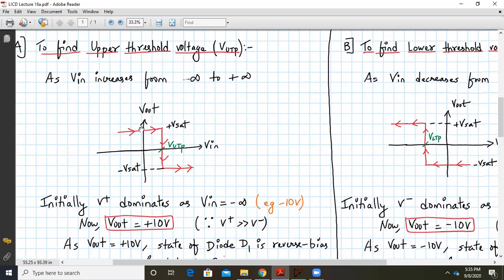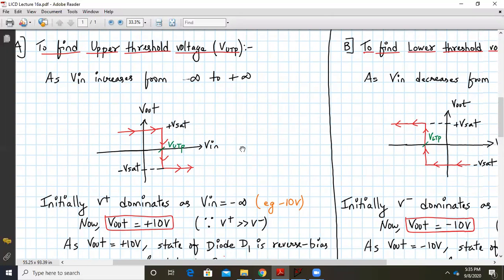For VUTP, the hysteresis curve looks like this. It starts from negative Vin voltages and goes to the positive Vin voltages. So we can say that Vin increases from minus infinity, meaning the most negative values, to plus infinity, meaning the higher positive values.